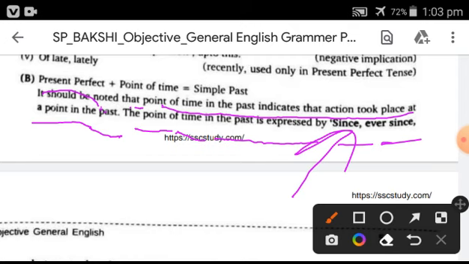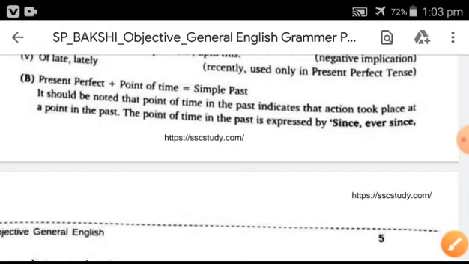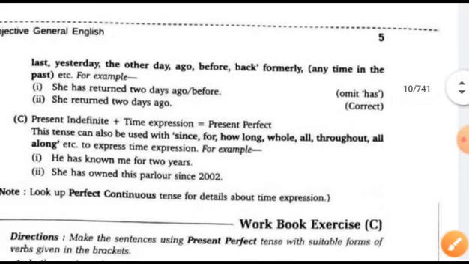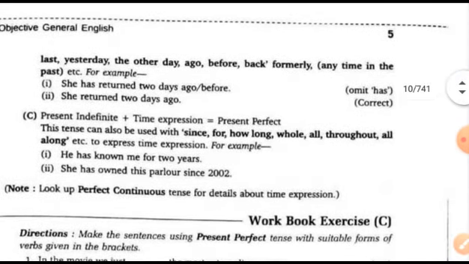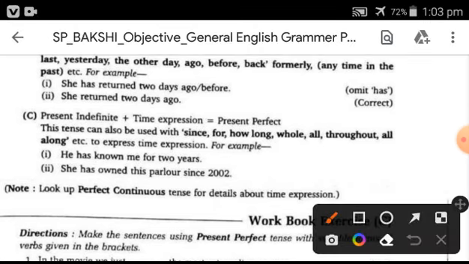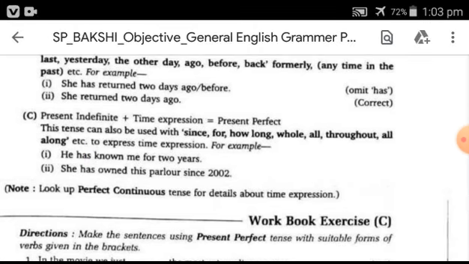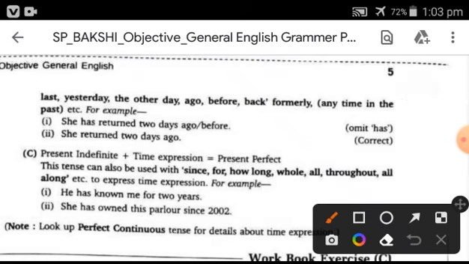And these are some other important words: last, yesterday, the other day, ago, before, back, formerly, any time in the past. When used in a sentence, then you have to use past indefinite, not present continuous or any other. Let us check it out.